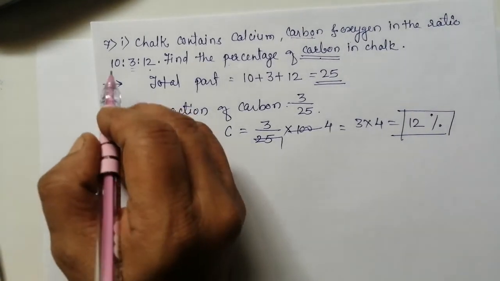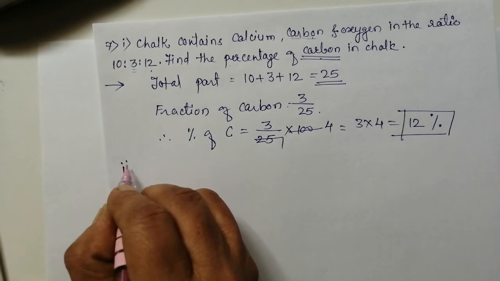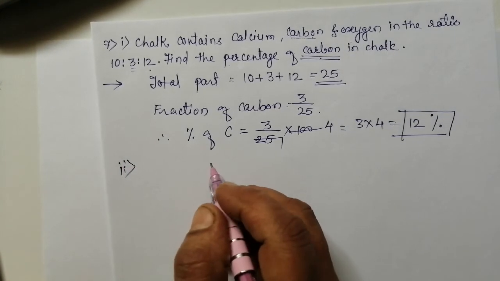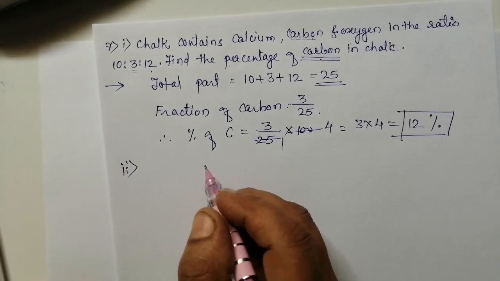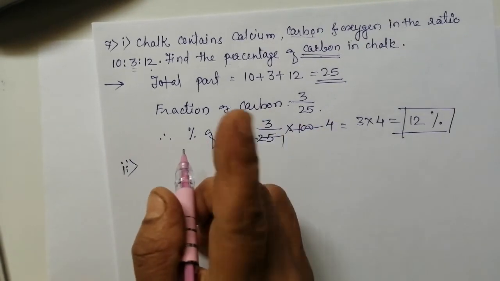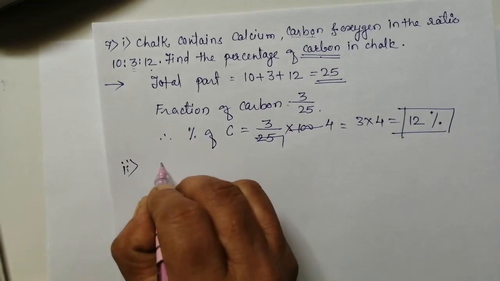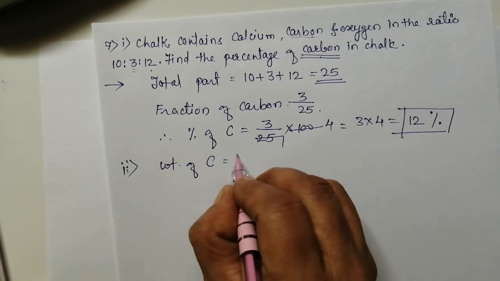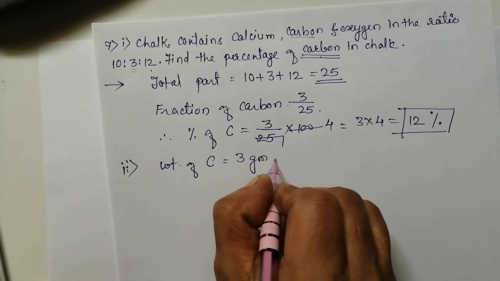Now in the same way, for the second question they have given that a stick of chalk contains 3 grams of carbon. What is the weight of the chalk stick? Means one stick of chalk is given and the weight of the carbon is given. Weight of the carbon is equal to 3 gram.